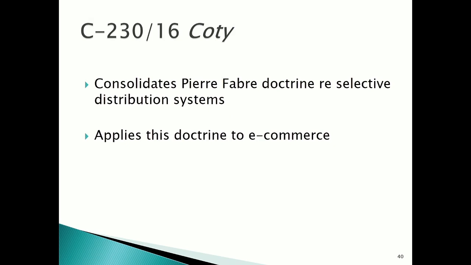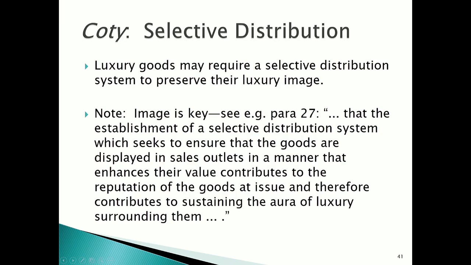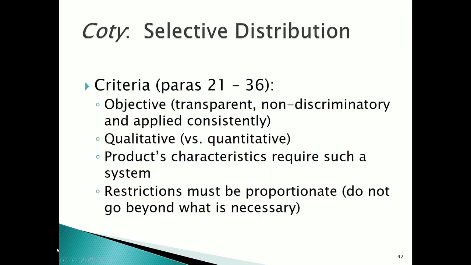The Coty case really consolidates what a lot of Pierre Fabre says. And it says that luxury goods may require a selective distribution system. And the element is that the selective distribution system somehow reflects the image of the goods, and contributes to sustaining an aura of luxury around them.